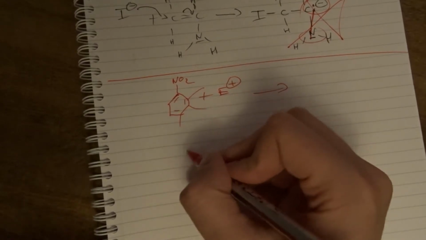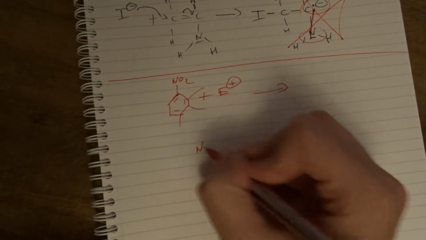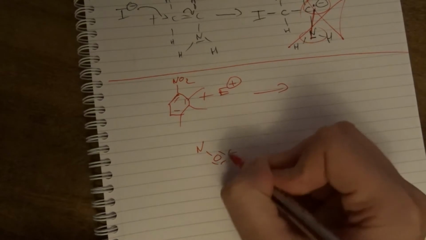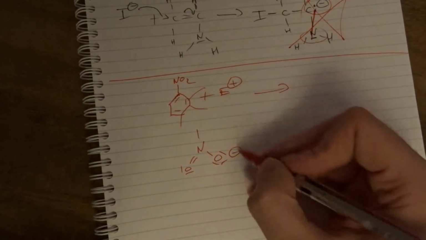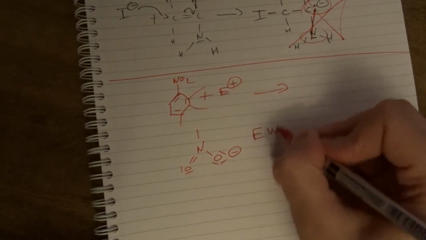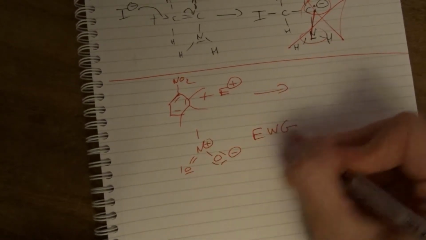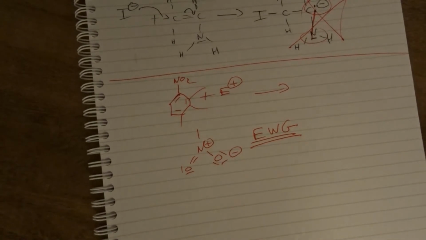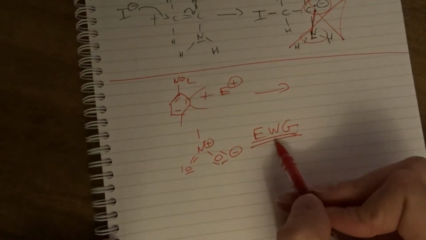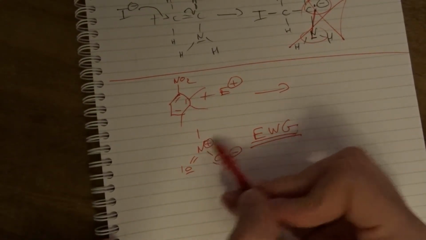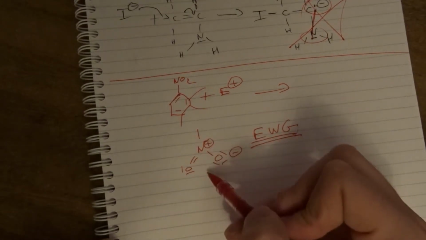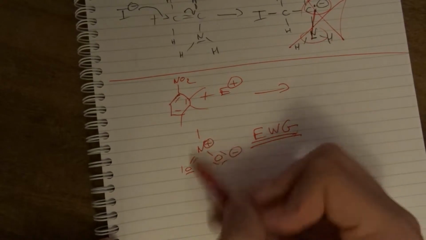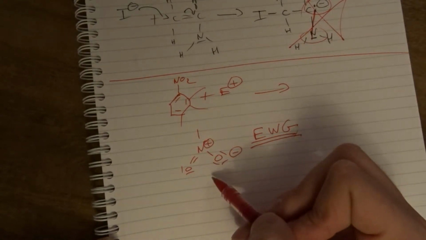So what do we see? In the first example, we had a NO2 group like this, and we call those groups electron withdrawing groups. Those groups can accept electrons and will promote the mesomeric effect, and we can draw resonance structures with that.